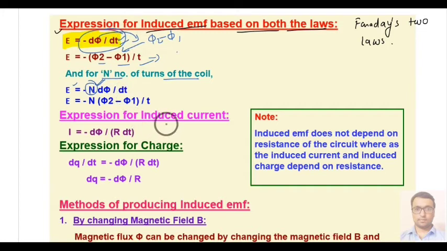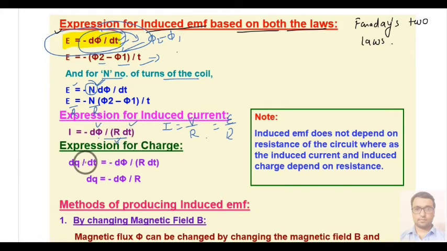Now how is current given? We know that current equals voltage upon resistance, or E by R. If you divide by resistance on both sides, you get this formula, or you can write 1 by R times d phi by dt.